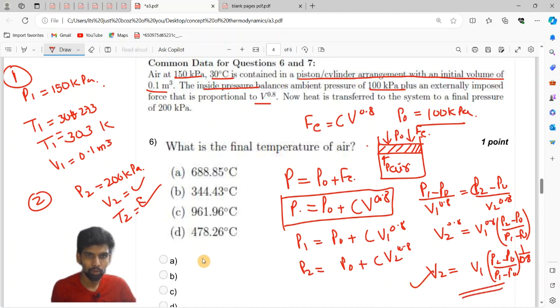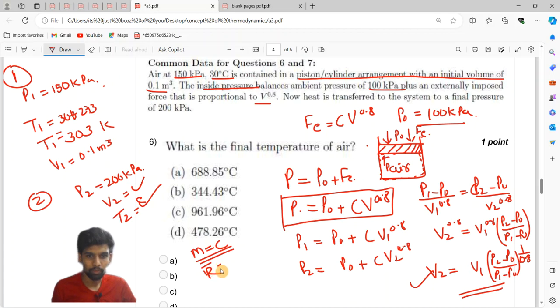Once you get V2, since it is a closed system, because nothing is flowing outside the system, if we assume this as our boundary, we can say mass is conserved, which means mass is not changing. And since the temperature changes are not so high, we assume R, the characteristic gas constant, is also not changing.